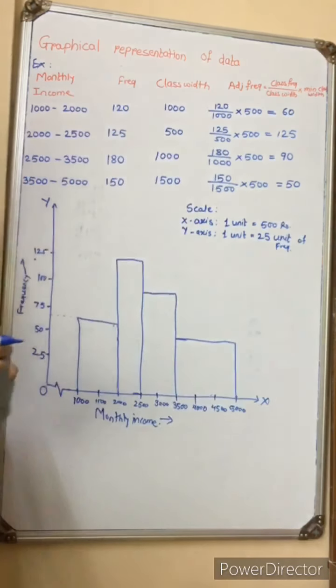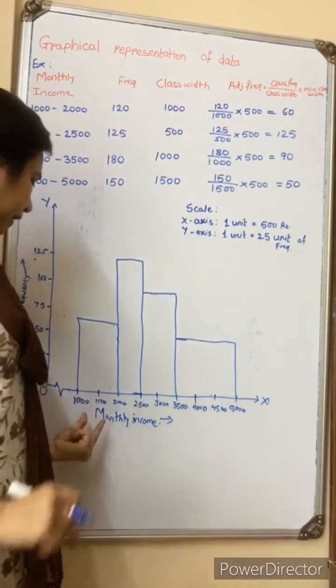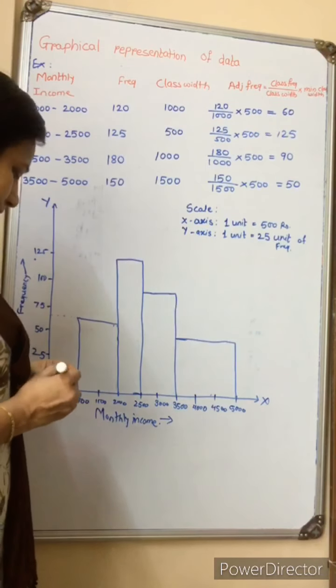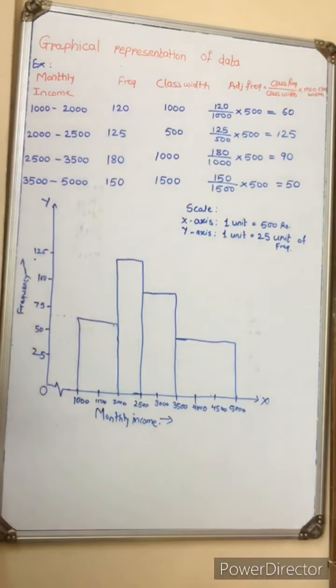So 25 units of frequency for 1 unit on the y-axis, and 500 rupees for 1 unit on the x-axis. In this way you can draw the histogram for unequal length.